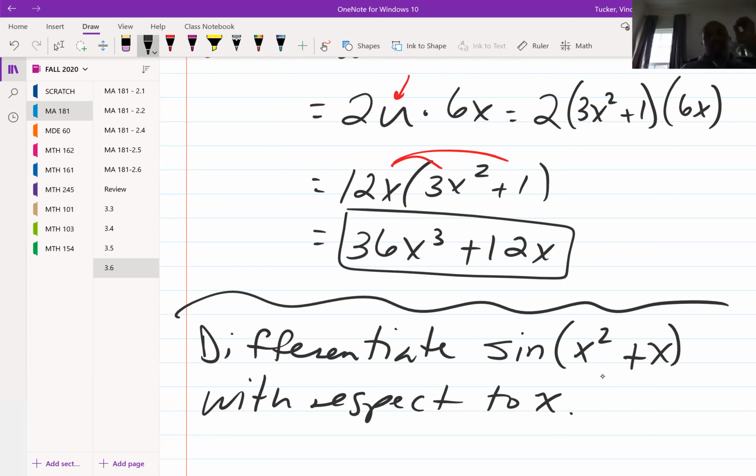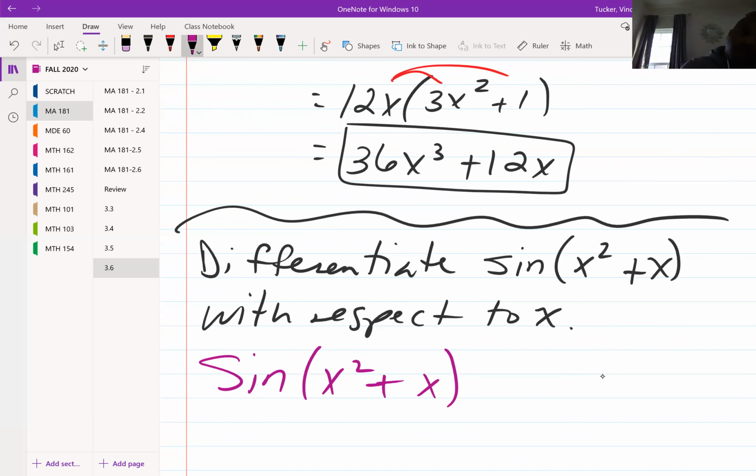All right, so differentiate sine of x squared plus x with respect to x. Like I said, just like before, we have an inside function, which is x squared plus x. Then we have an outside function, which is sine.